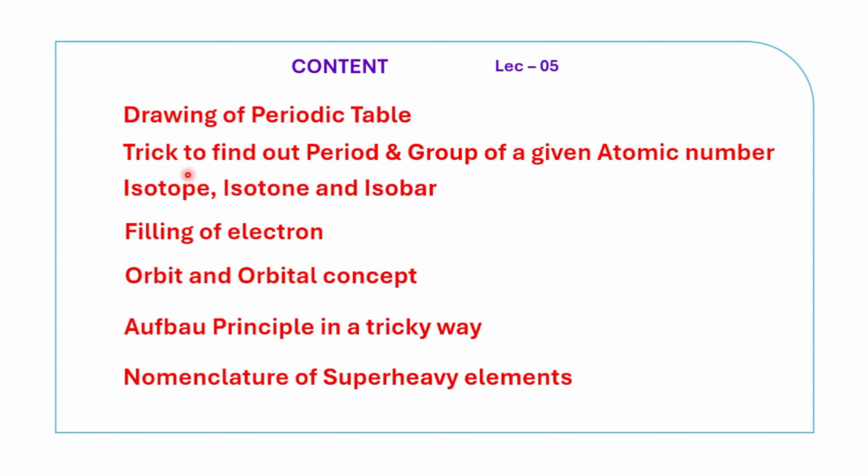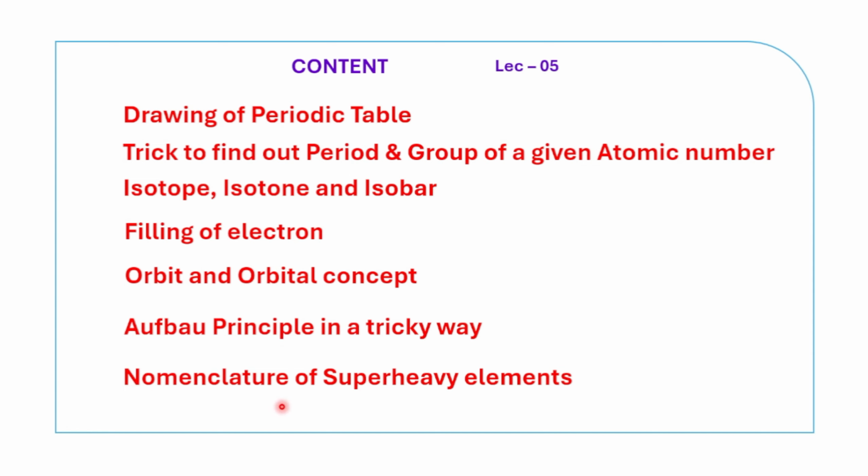We will also discuss the concept of isotope, isotone and isobar. Then we will discuss the filling of electron, orbit and orbital concept, and Aufbau principle for the filling of electron. And at the end, I will also show a tricky way how you can easily remember this Aufbau principle, which orbital will be filled first and then which orbital will be filled. So there is a simple way to remember it.